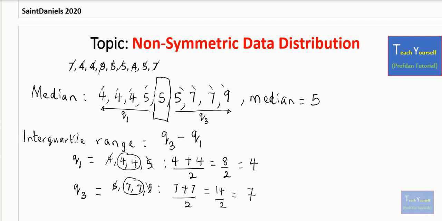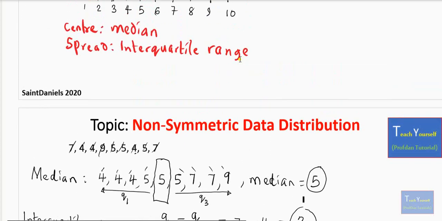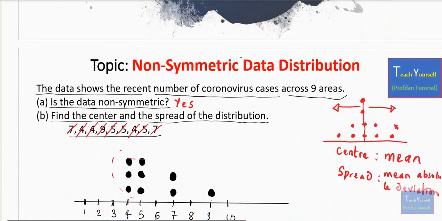So your third quartile is 7. With this, your interquartile range is therefore the difference between this third quartile and the first quartile, which is 3. So the measure of spread is 3 and its center is 5. That is for a non-symmetric data.